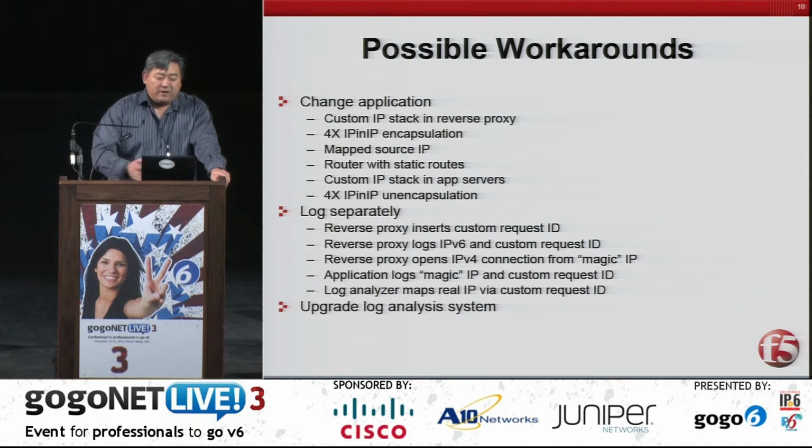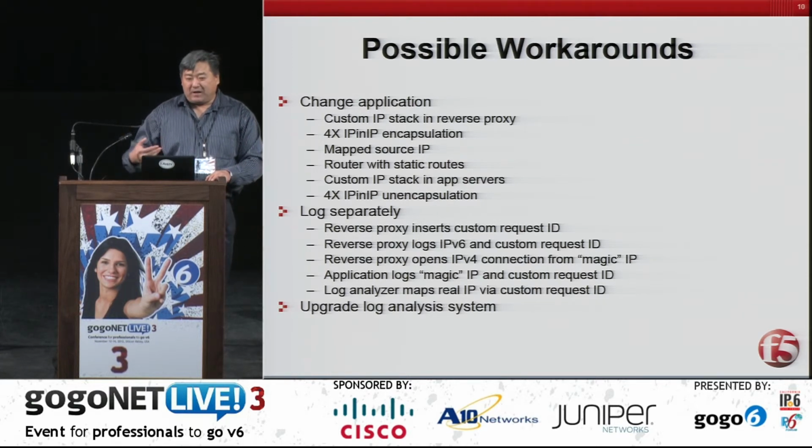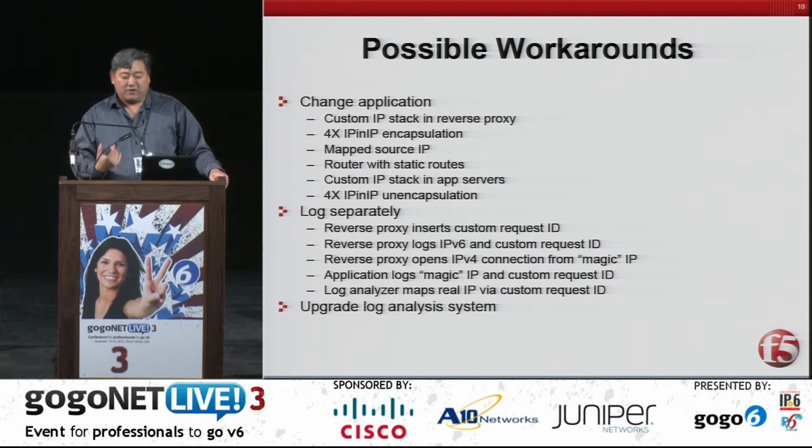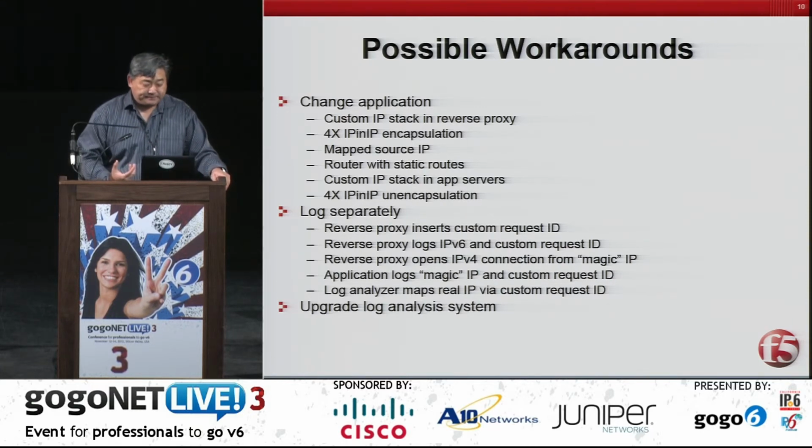And when I open up my IPv4 connection to the web server, I'm going to use a magical IP address, some special one that is fake because it belongs to me. And so anytime you're doing the log analysis, you can look for the magic IP address and say, hey, this one is really an IPv6 request, and I need to go to this other log file and correlate it to figure out who was coming in, right?